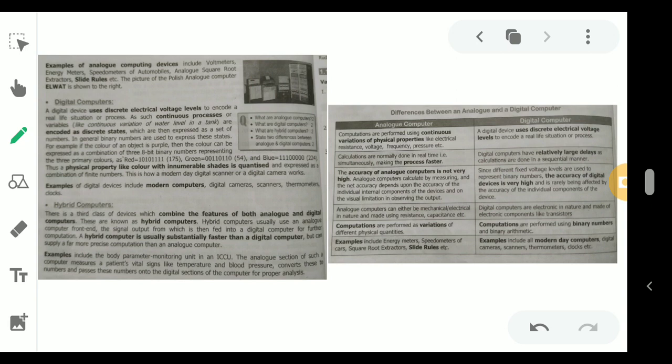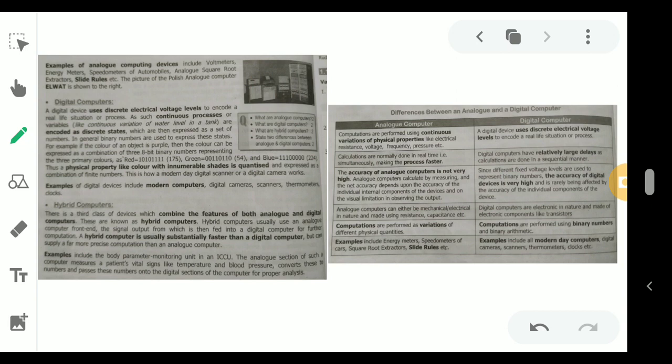Now, analog computers can be mechanical or electrical in nature, and are made using resistance, capacitance, etc. But digital computers are electronic in nature and made up of electronic components, like transistors.